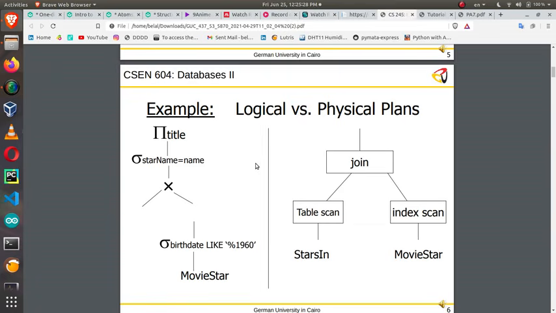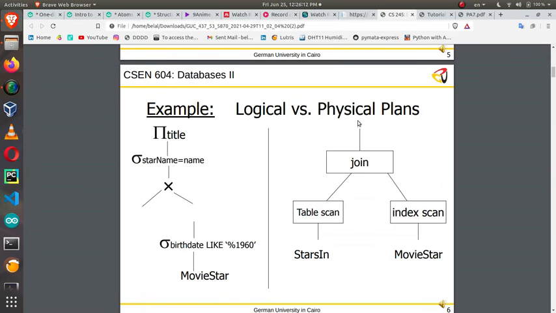And the physical plan considers the real actions, on the bare metal or on a very low level of hardware and software, that need to be taken to execute the SQL query, such as reserving a swap area in the random access memory, loading pages or a set of buckets from the hard disk into the main memory, scanning the full table, creating an index, using an existing index, and so on.